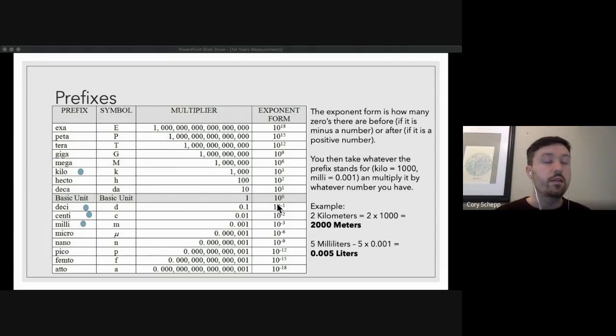Because we know that 1,000 meters is 1 kilometer. If I'm 30 kilometers from Ballymun, that would be 30 times 1,000, so 30,000 meters, or I could just say 30 kilometers. It's easier to use the smaller numbers, okay?